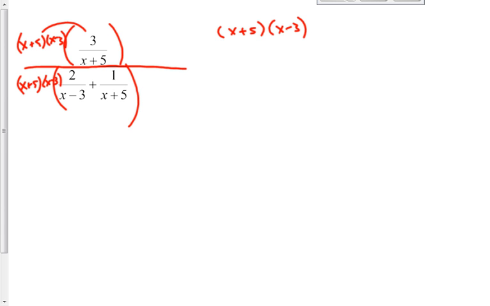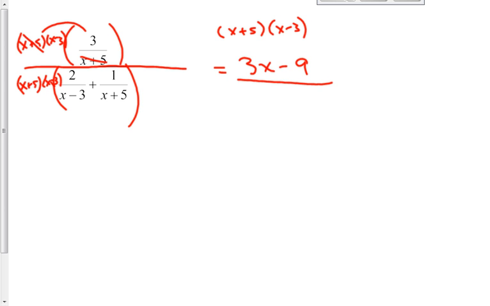x plus 5, x minus 3 times the 3, but we're dividing out the x plus 5, which means the only thing I really have left is the x minus 3 times the 3. 3x minus 9 on that distribution. Next one, x plus 5 times x minus 3 times 2, but then I'm going to divide out the x minus 3's.